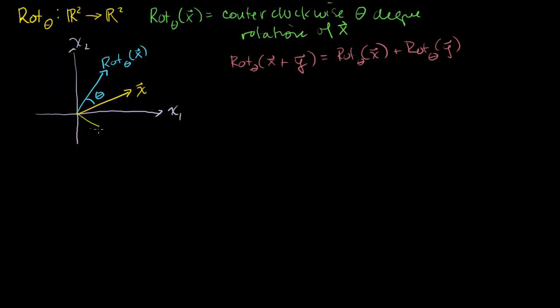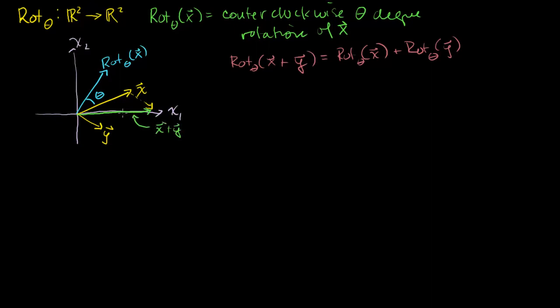So that's y. So what's x plus y? Let's put heads to tails. If we just shift y up there, that's also vector y, not drawn in standard position. X plus y would look like that. That would be the vector x plus y.